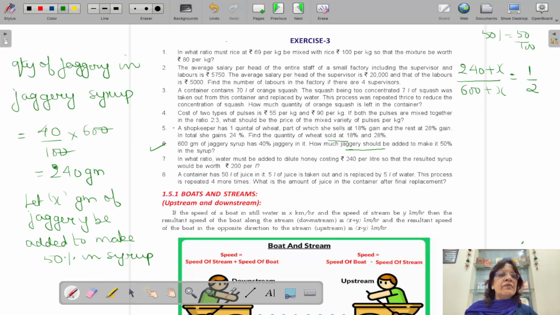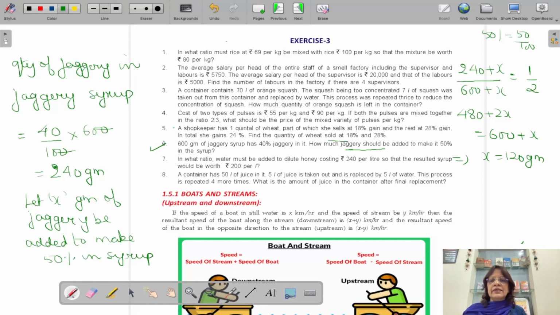Now when you simplify this, it will come out equal to 480 plus 2x is equal to 600 plus x, which implies x will be equal to 120 grams. So 120 grams of jaggery should be added in the syrup to make it 50%.